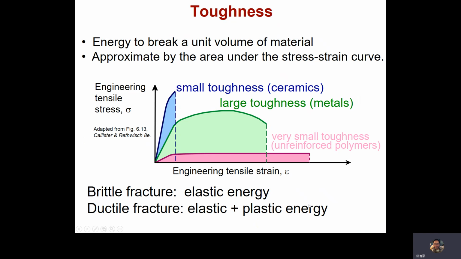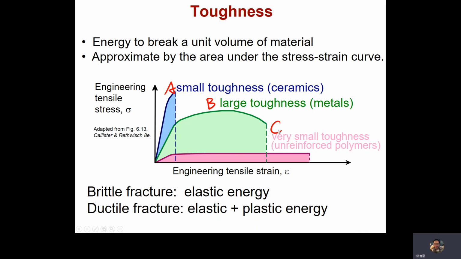Okay, so let's compare three types of materials: A, B, and C. Let me ask you a question.